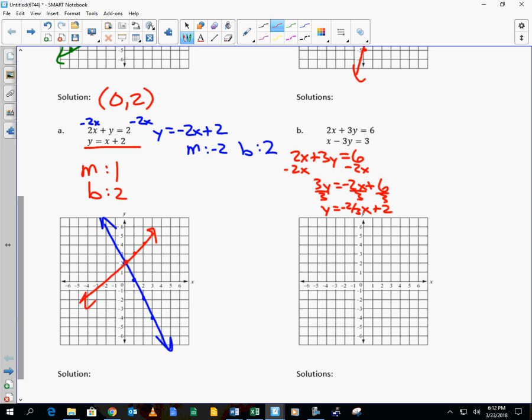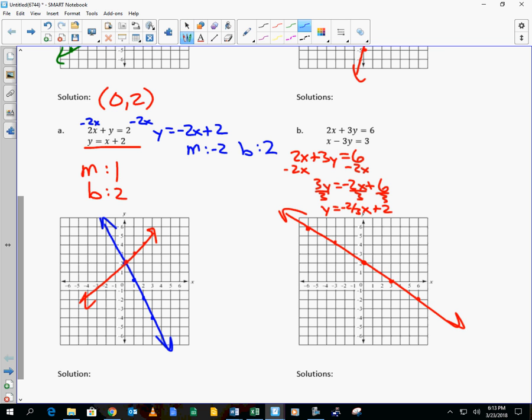Y-intercept +2. Slope of negative 2/3. Down 2 over 3. We're back 3 and up 2. There's my line.